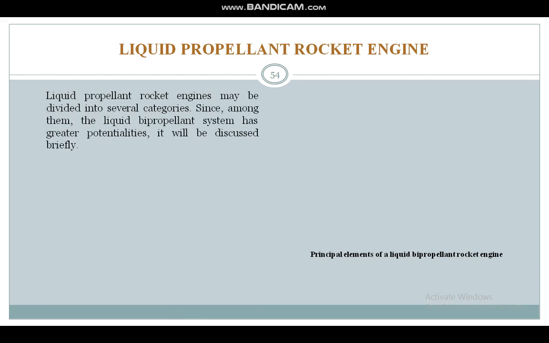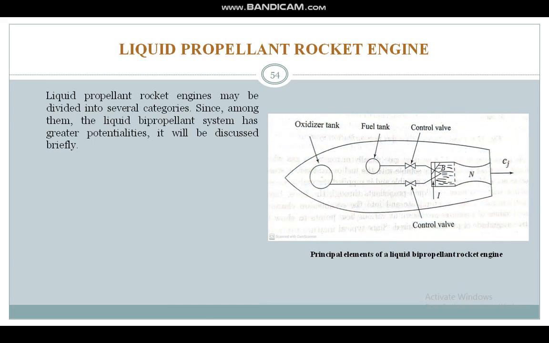In liquid propellant rockets, the liquid oxidizer and the fuel are carried separately in tanks. They have greater potential and will be discussed very briefly. The main parts are an oxidizer tank and a fuel tank.